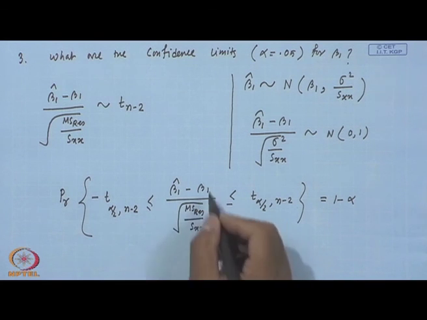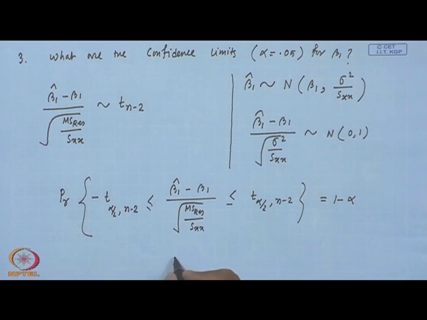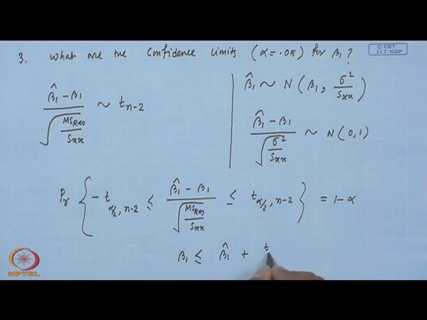So, this can be written as beta 1 less than or equal to beta 1 hat plus t alpha by 2, n minus 2, and of course multiplied by this thing, square root of MS residual by S x x.